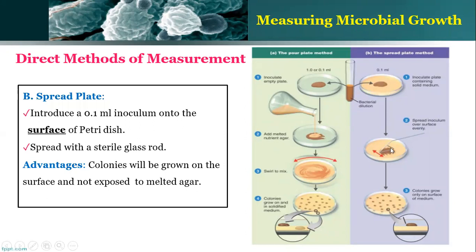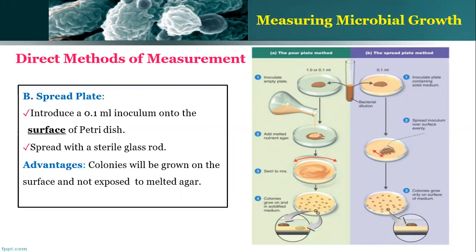This suspension is spread evenly on the surface of the medium by rotating a sterile glass rod or L rod. When this plate is incubated for 24 hours, it produces isolated colonies which are able to be counted. The colonies grow on the surface of the medium. That is the advantage of the spread plate method.